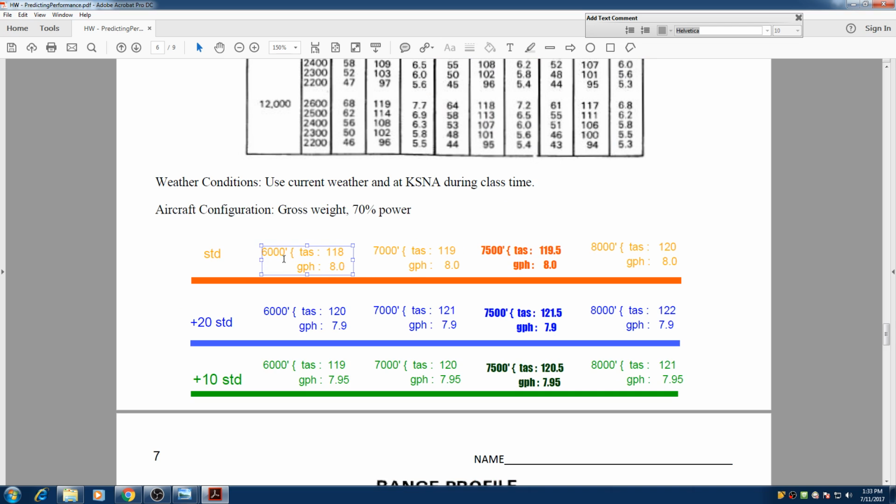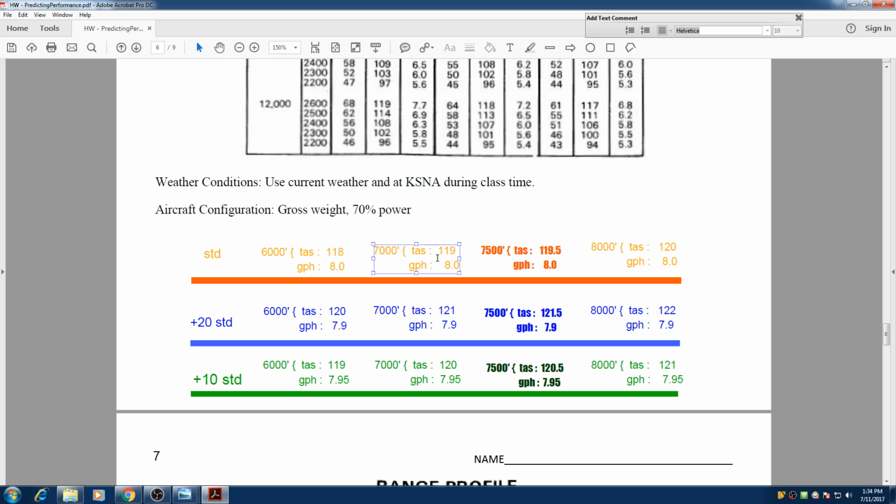We're going to bring it down right here so I can explain what happens. We know that at 6,000 it's 118 knots and 8 gallons, and at 8,000 it's 120 knots and 8 gallons. Between these two is 7,000 feet. At 7,000 feet the value is between 118 and 120, so 119, and there's no change in gallons per hour, no fuel change, so we copy that number.